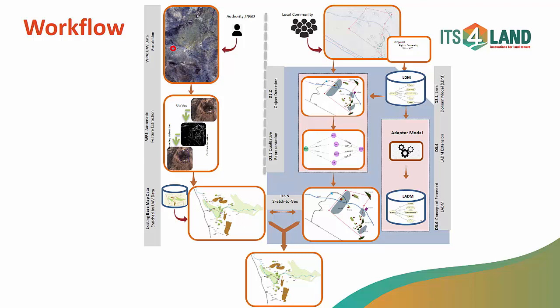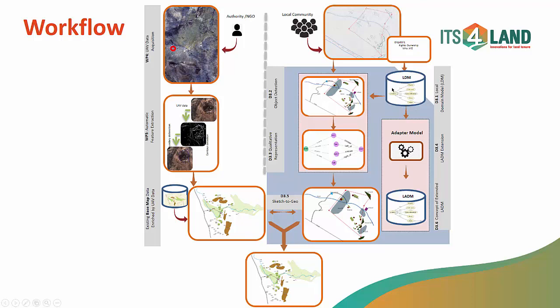The second and the major source of input for SmartSkeMa are the sketch maps produced by local communities. The spatial information in sketch maps is further processed in the object detection and the qualitative representations in this line here, while the non-spatial information in sketch maps is processed in this line with the help of a local domain model.